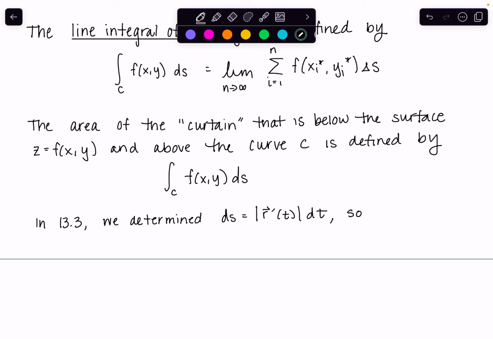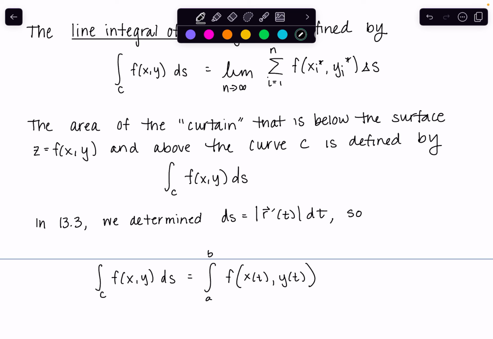So really, if I want to evaluate this line integral, instead I can turn it into a single integral involving t. We'd go from a to b since those are the bounds. Instead of x and y, you want to replace them by t, so you use that vector function because we're evaluating f at r.